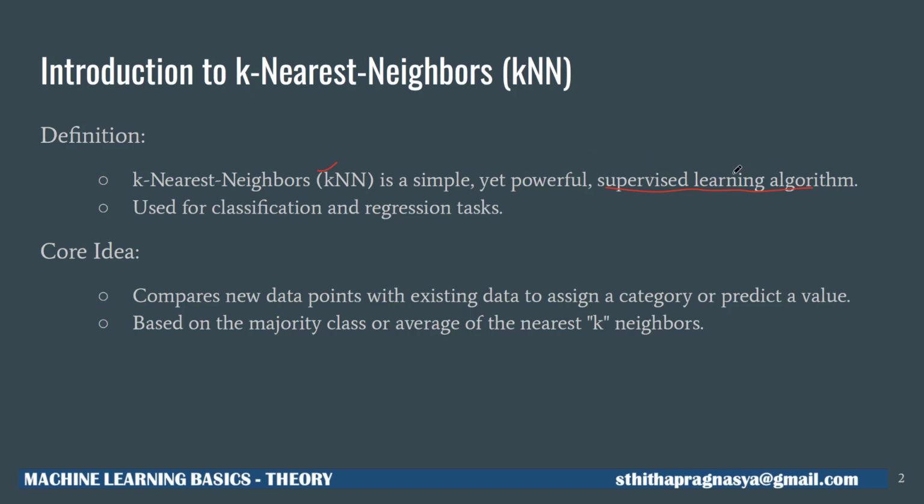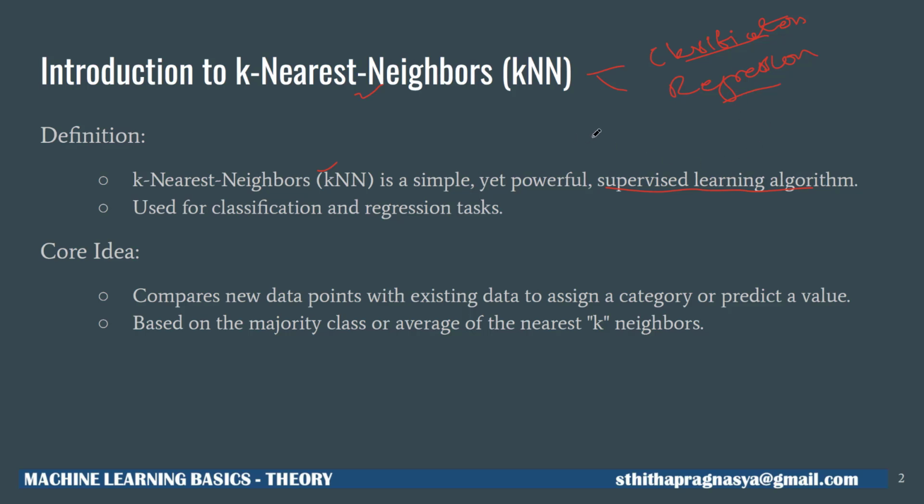So this one is used for classification and regression tasks. We have a couple more videos coming along where we will explain classification and regression as well. But basically, kNN algorithm is used for classification. It's supervised.